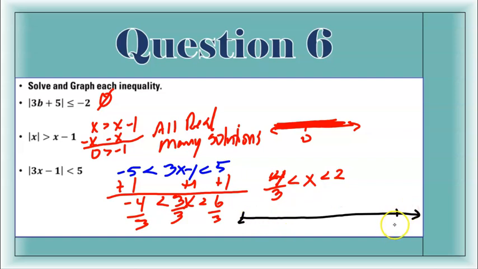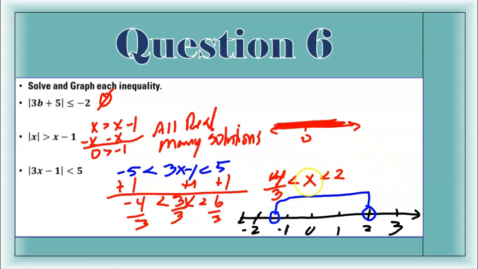So I have 3, 2, 1, 0, negative 1, and then this would be negative 2. Now negative 1 1/3 will be roughly here. Open circle at 2. And it's going to be everything in between.